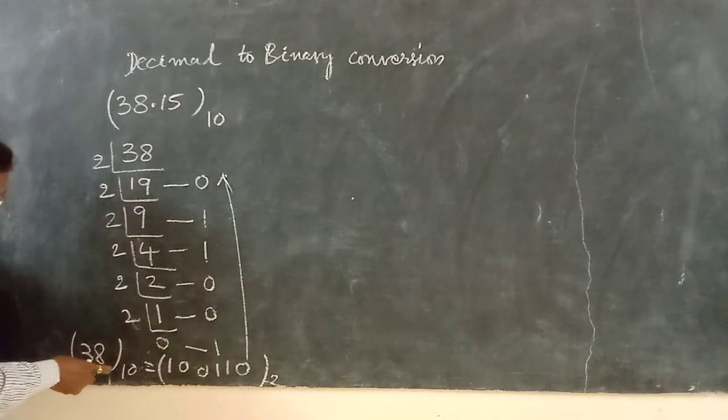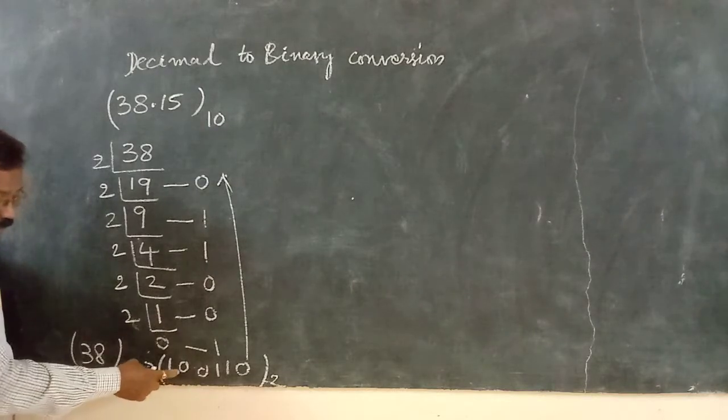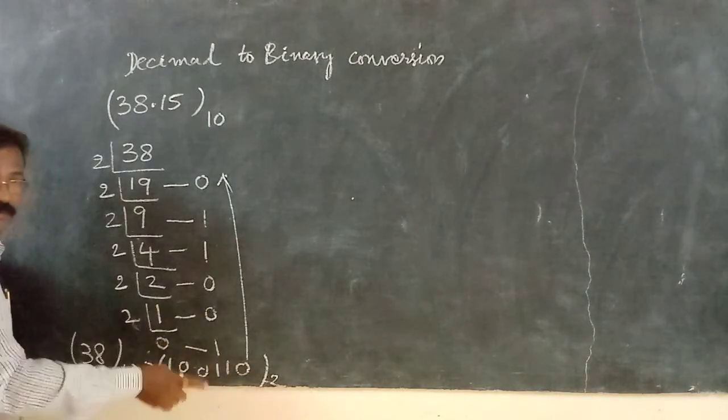So the equivalent of decimal 38 is 100110 base 2.